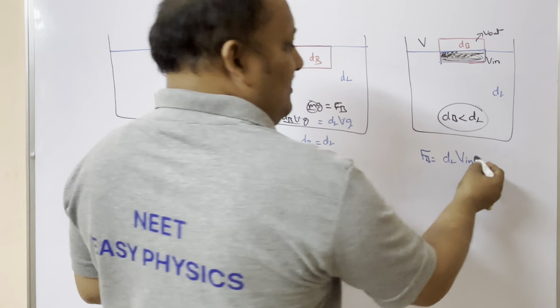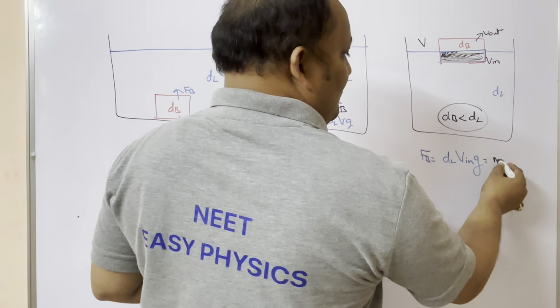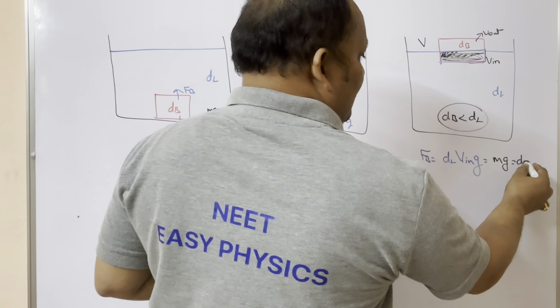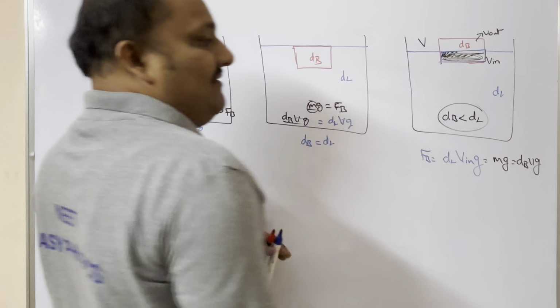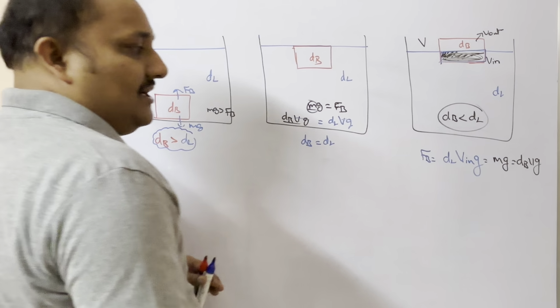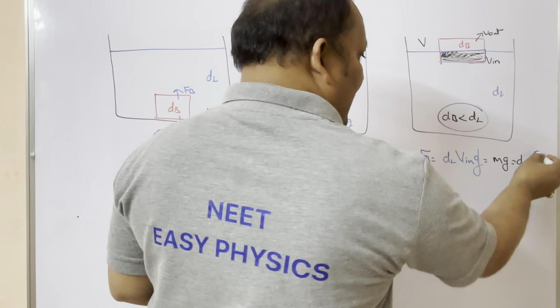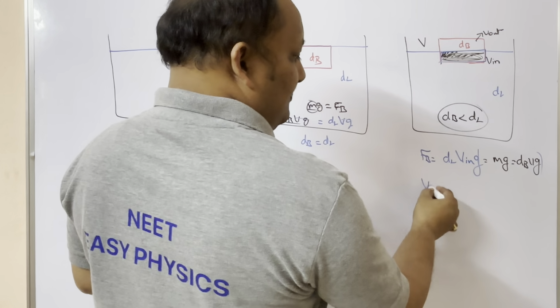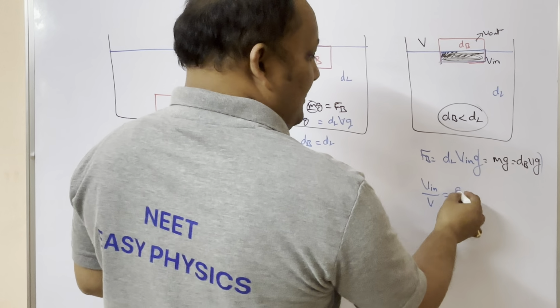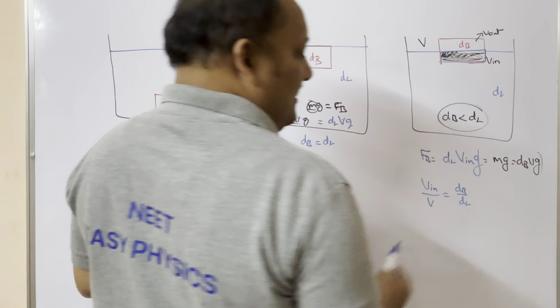This should be equal to the weight of the liquid displaced. That is only going to be mg. That we will write as dB V g, according to Archimedes principle. Now if you cancel g, then V in by V is equal to dB by dl.